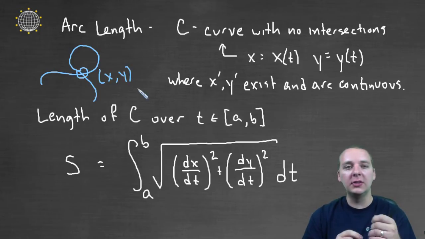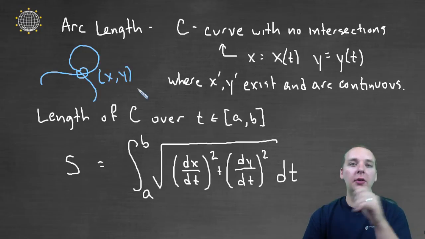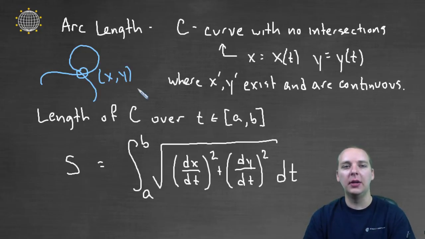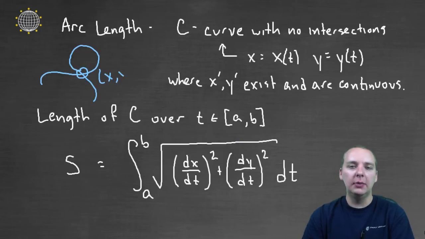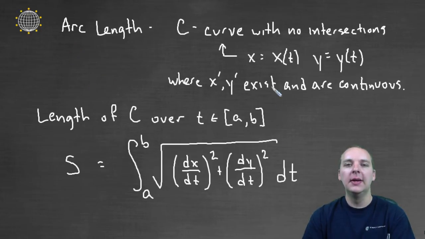One t value the first time it hits that point, and then another t value the second time it hits that point. So you can't have a situation like this. There needs to be a one-to-one correspondence between the points. In plain English, it means that we can't have any intersection points.